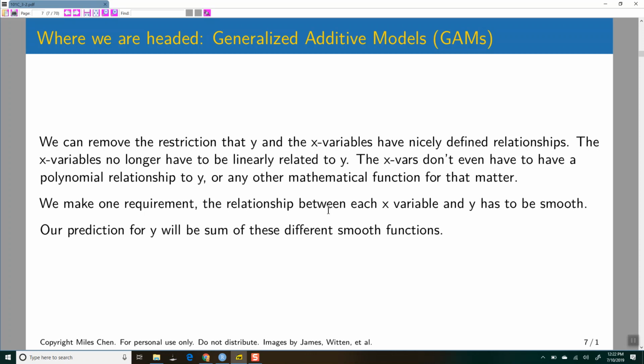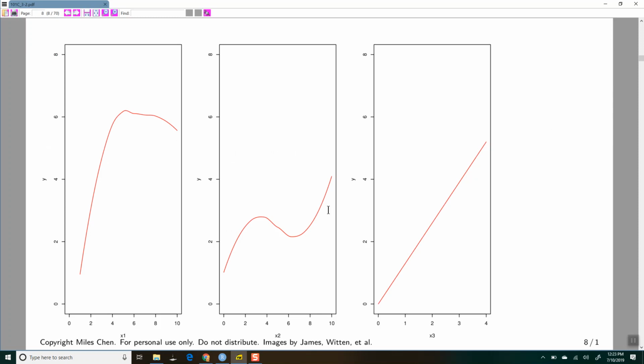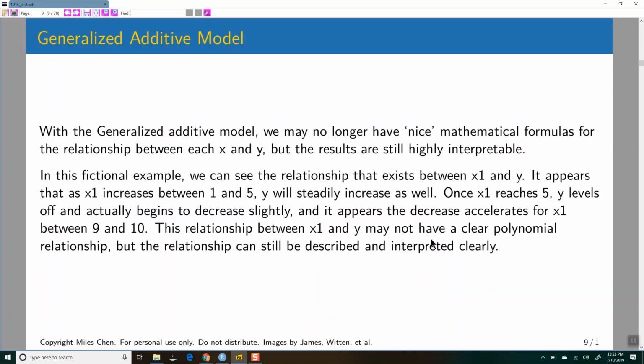And when we call it an additive model, our prediction for y will be the sum of smooth functions or something like that. So this is just a silly example. We could imagine here's x1 and here's x2 and here's x3, and for x1 maybe the relationship between x1 and y is this, and for x2 the relationship is this, and for x3 the relationship is this.